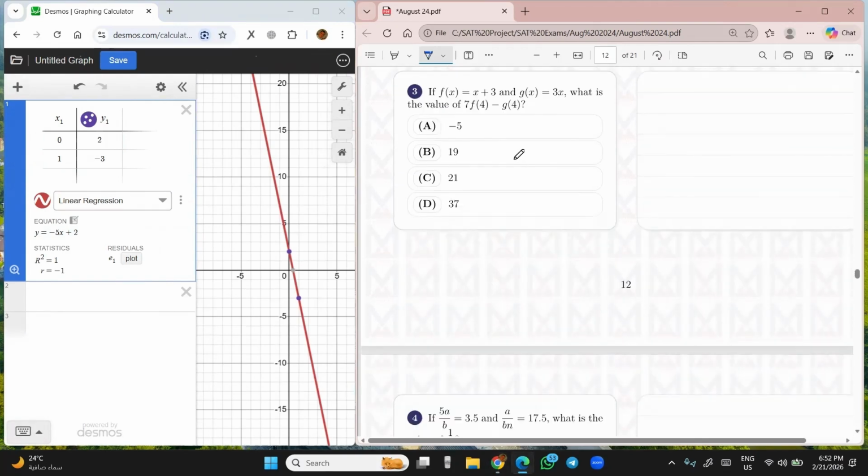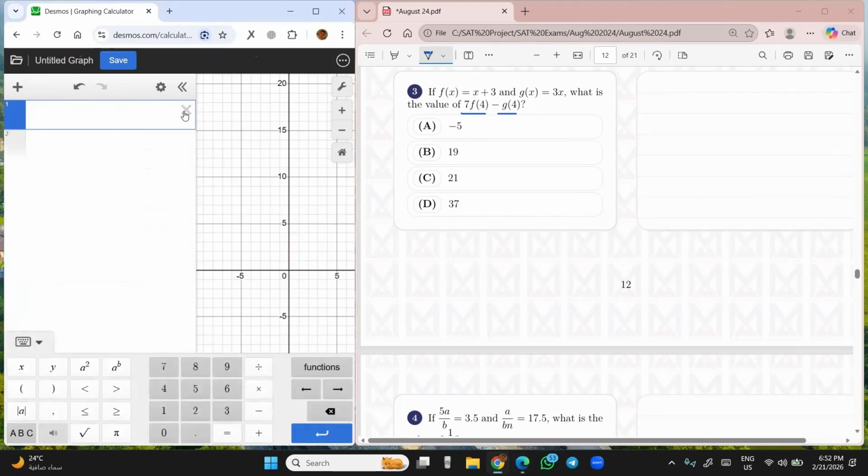Question number 3. If f of x is equal to x plus 3 and g of x is equal to 3x, so we have two functions. What is the value of 7f of 4 minus g of 4? So we can write them all on Desmos also to just substitute. So f of x is equal to x plus 3. We write it like this.